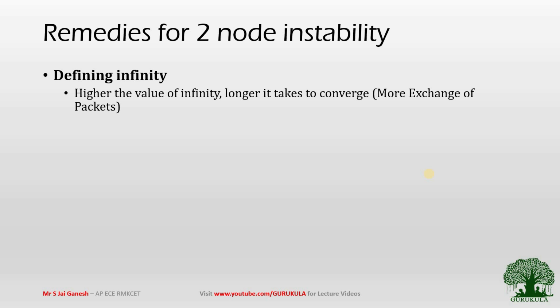So it is always a better option to reduce the value for infinity. For example, if the node is not reachable after 30 hops, we can define this as infinity. Or in other case, we can say if the node is not reachable within 16 hops, we can define this as infinity. So we have to reduce the value over here. So this network will converge faster than this particular network. So this is one remedy which we can use for coming out of the two node instability problem.